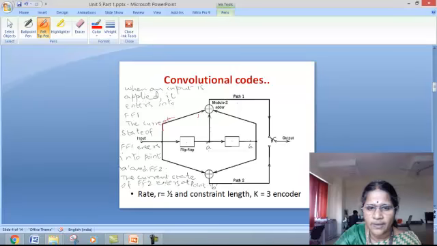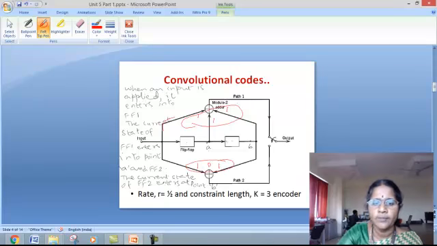Since it is coming from d, the second coefficient is also 1 and the third coefficient is also 1. However, the impulse response for the lower path, that is the inputs to this modulo 2 adder: from here a path exists, so 1, and from here no path exists, so it is 0, and from here a path exists, that is input is given to this modulo 2 adder, so it is 1. So the impulse response for the upper path is 1, 1, 1, and for the lower path it is 1, 0, 1.